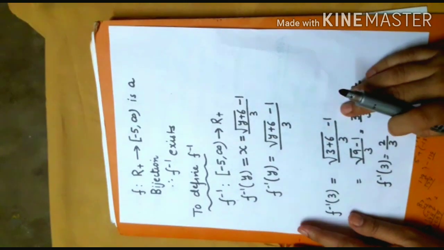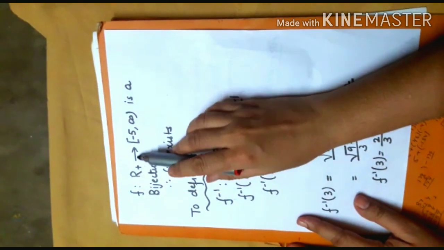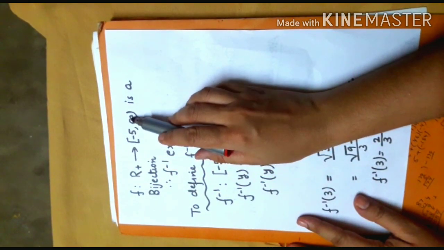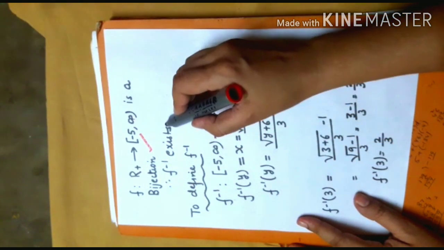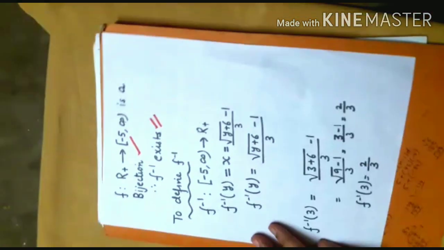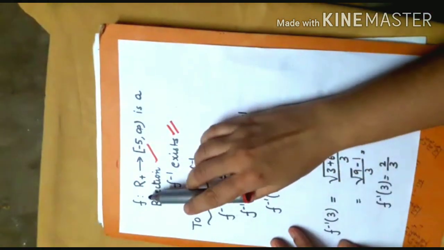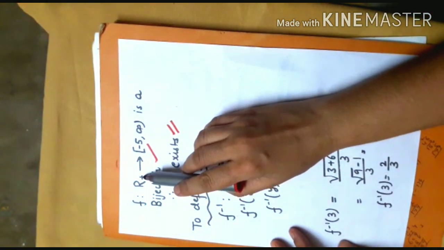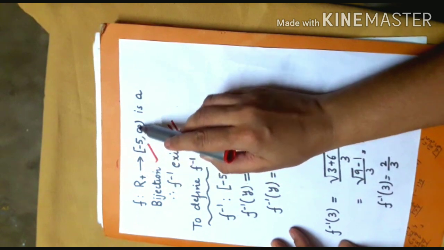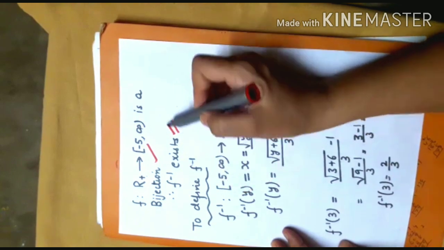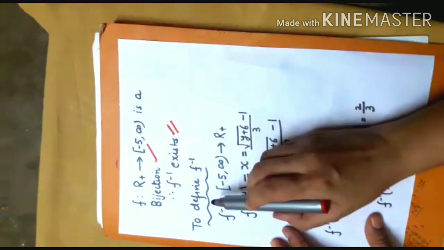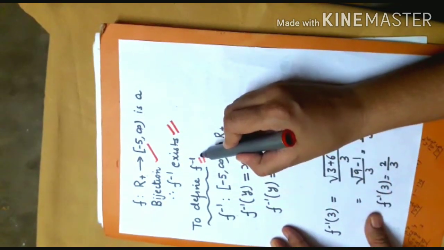Now we have shown that f from R plus to [-5, infinity) is a bijection. Therefore f inverse will exist. Now we are to find out f inverse.